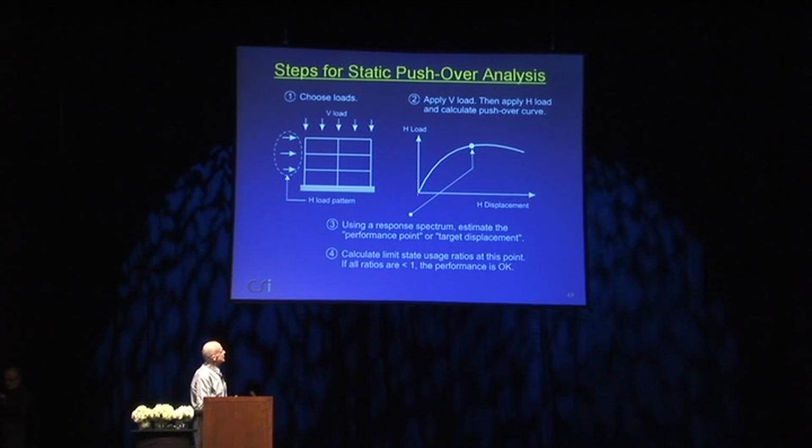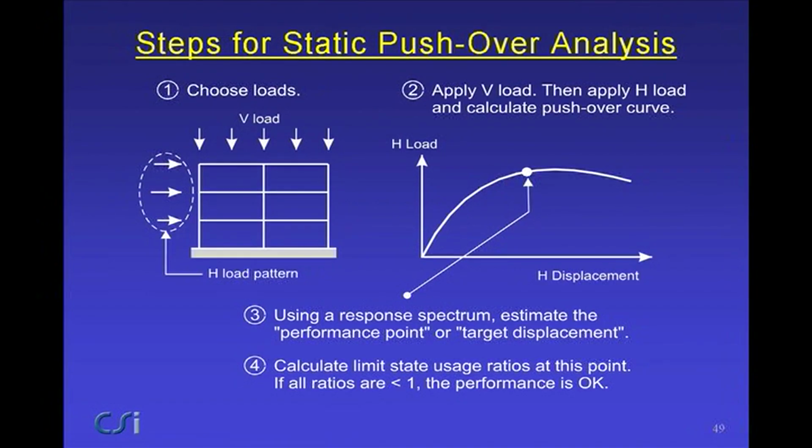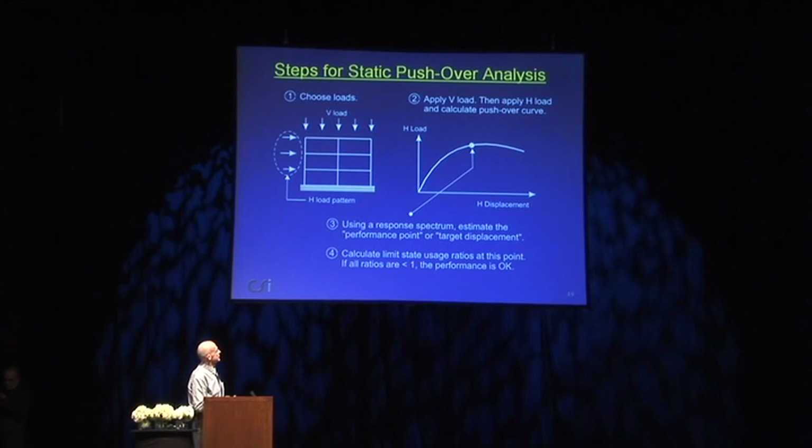Then you do a static pushover analysis, which will give a nonlinear relationship between horizontal load and horizontal displacement. The gravity load is held constant, and you apply the horizontal load. Then using a response spectrum, you'll estimate this point here, which is sometimes called the performance point, sometimes called the target displacement.